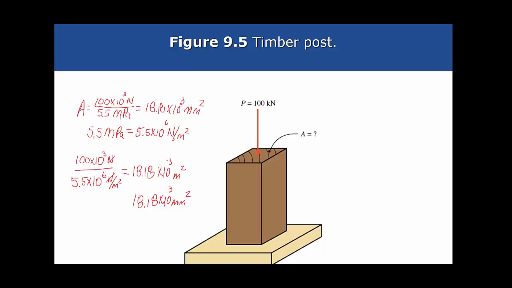What's the difference between the nominal size and the dress size in the timbers? I think, and again, you got me at a little bit of a loss because it's wood, but if you think in terms of a 2x4 that you buy at the store, a 2x4 at the store is 1.5 by 3.5, I think.